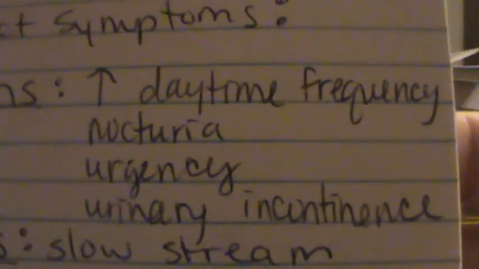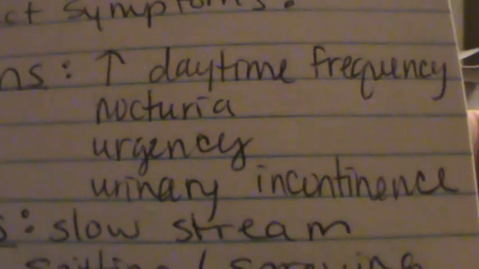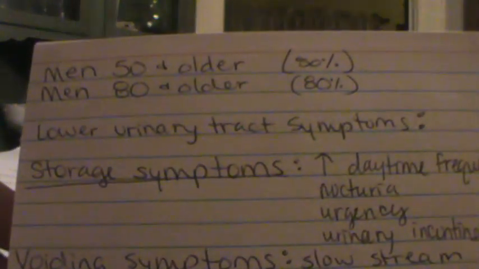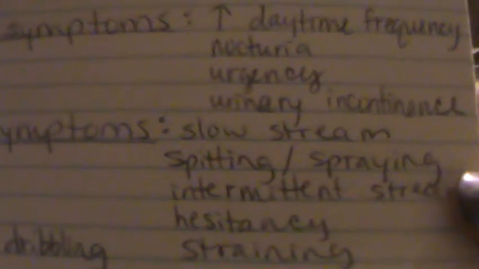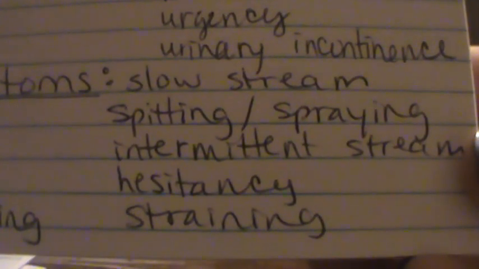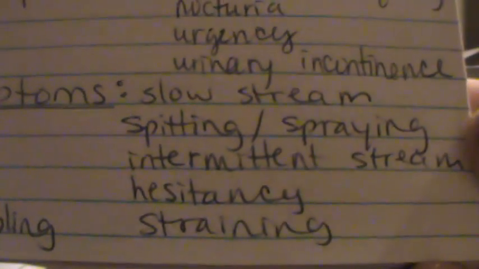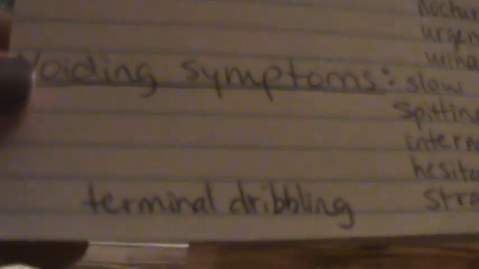So they have daytime frequency issues, nocturia, urgency, and urinary incontinence. And then they have voiding symptoms, so they have trouble actually urinating. Some of those include a slow stream, a spitting or spraying of urine, an intermittent stream, hesitancy, straining, and terminal dribbling.